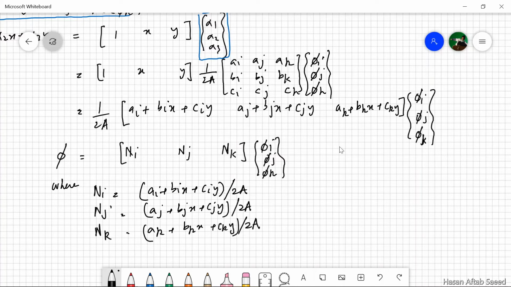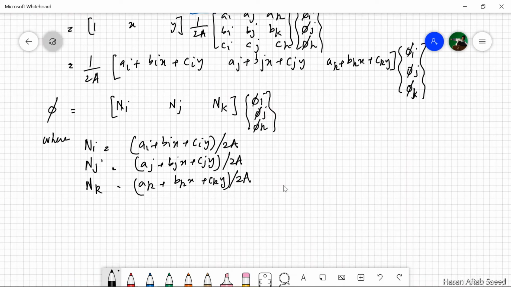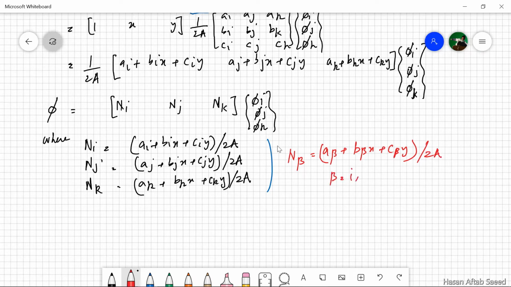Now this is a very simple expression and the shape is the same for all. That is why we can even simplify it further by writing it as N beta is equal to a beta plus b beta x plus c beta y over 2a, where beta takes the form i, j, and k.